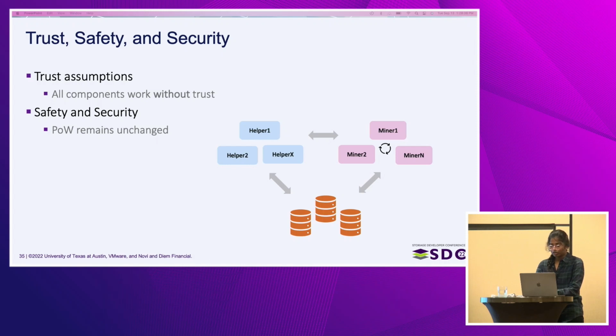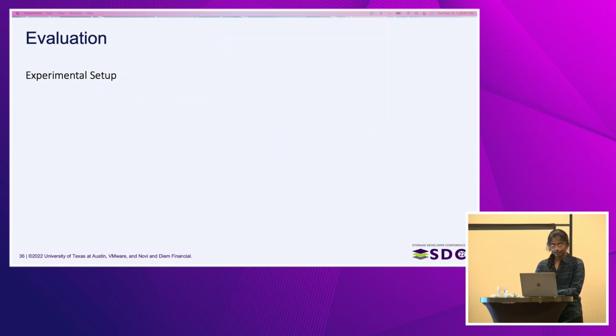Also, RainBlock uses unmodified proof of work consensus, and it inherits the same safety and security properties as Ethereum. RainBlock's architecture does add more complexity and more hardware, but it is in return for much higher throughput and higher scalability. For more details on RainBlock, please find the full paper online.